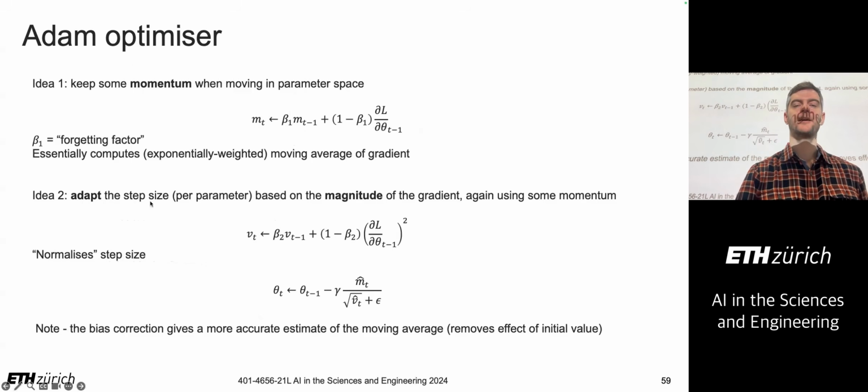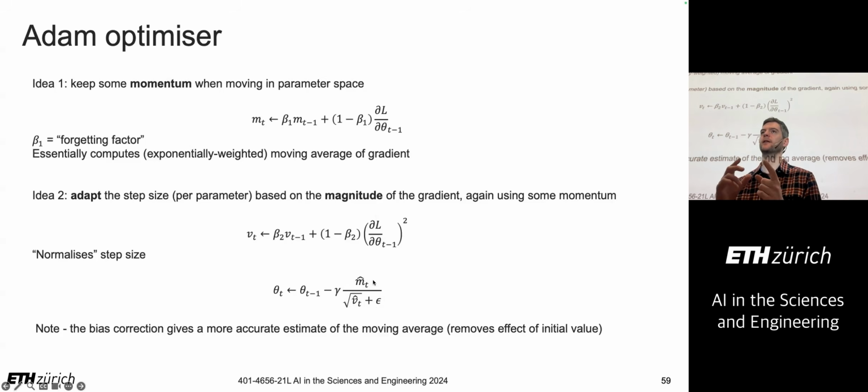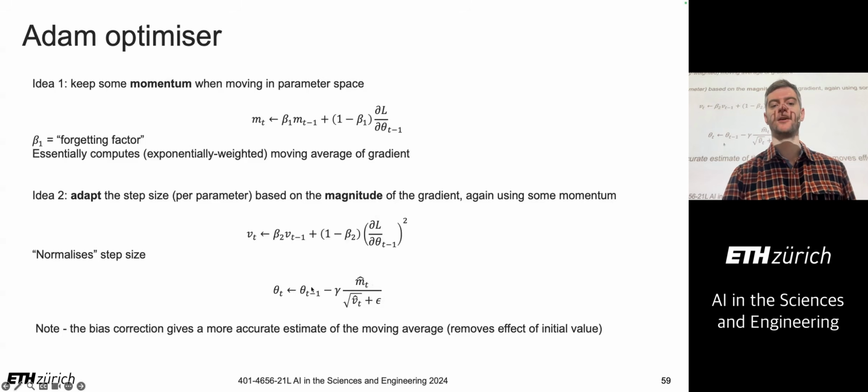The second idea is to adapt the step size. So this is an adaptive algorithm based on the magnitude of the gradient. And what this is doing essentially is normalizing the gradient, and it's saying that this step is generally approximately a step of 1 in terms of the parameter value.